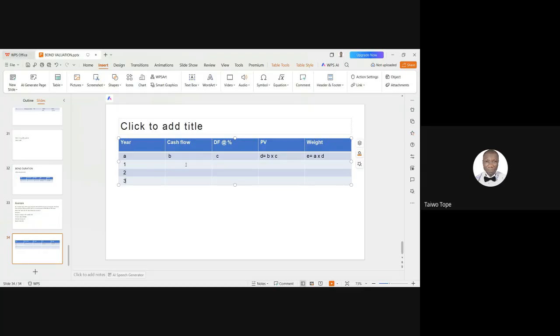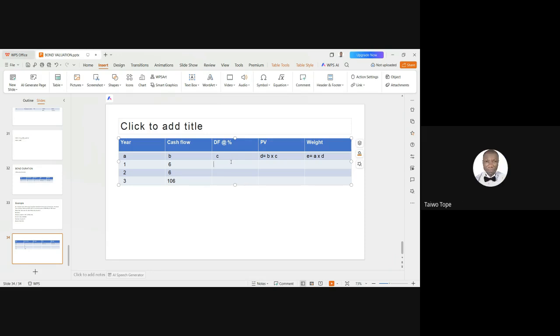Column B is our cash flow, which relates to your coupon payments, your interest. For year 1 it is 6, for year 2 it is 6, and for year 3 it will be 6 plus your redemption value, making 106.